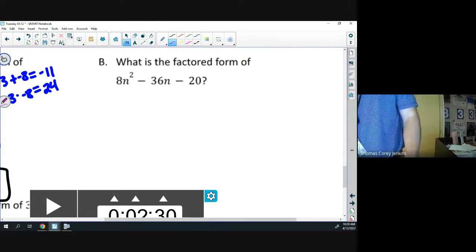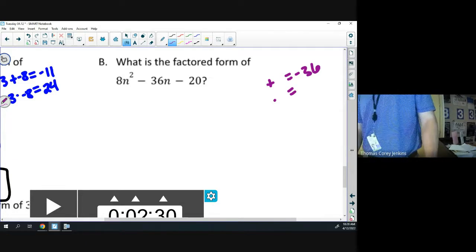So then if we don't notice there's a GCF, we would say, all right, what adds up to -36 and multiplies to what? Not -20, but negative... You guys can use a calculator here. What was it? -160.